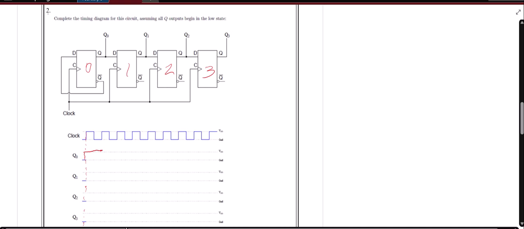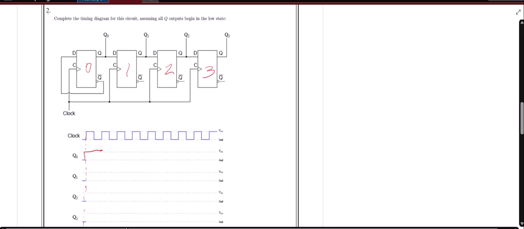Now, notice that flip-flops 1, 2, and 3 get their input from the flip-flop before it. So they don't have this negative input coming in. I'm going to stick with Q0 right now, and then we'll come in and fill the others.